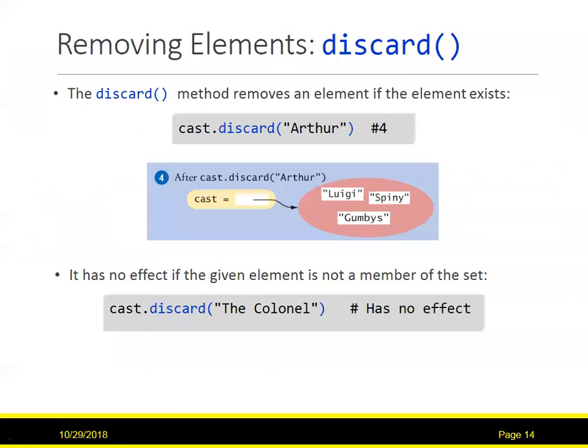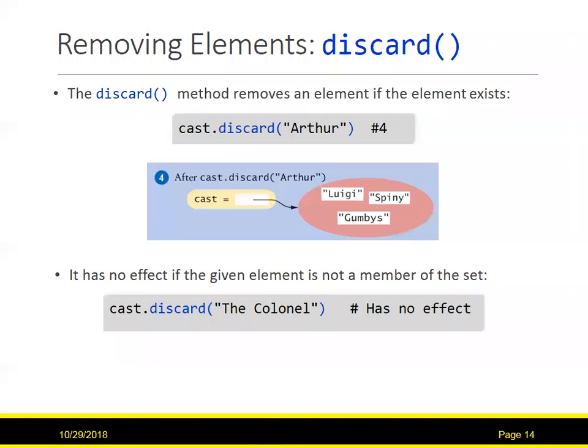Well, it's good, but what if I meant to discard something else? What if I spelled kernel wrong? And now there was a kernel on the list, and I was trying to discard kernel, I typed it wrong. Now kernel is still on the list. So it's not going to come up and say, hey, kernel doesn't exist.